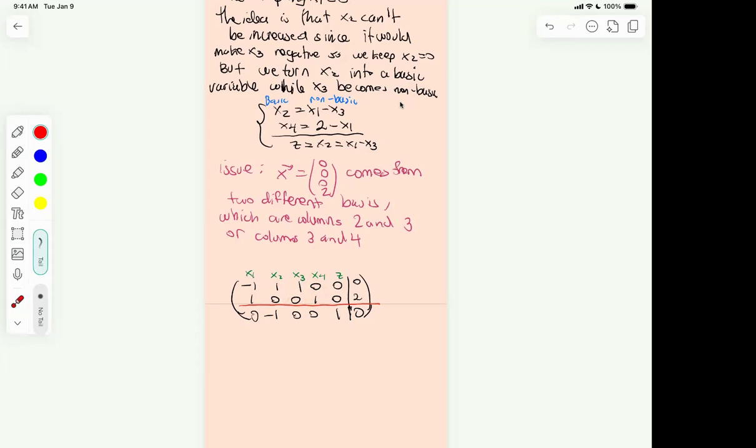So for example, here, if I think about choosing the basis to be 2 and 4, the problem is that I don't want the optimization function to be given in terms of the basic variables.